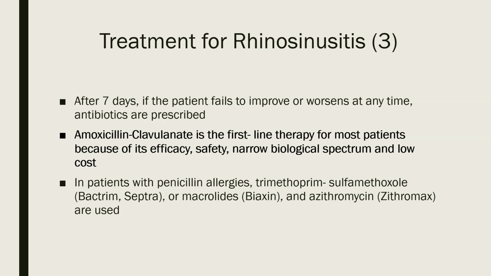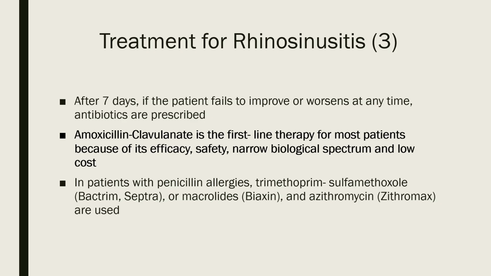After 7 days, if the patient fails to improve or worsens at any time, antibiotics will then be prescribed. So, amoxicillin clavulanate is the first-line therapy for most patients because of its efficacy, it is safe, it has a narrow microbiological spectrum, and it has a very low cost.